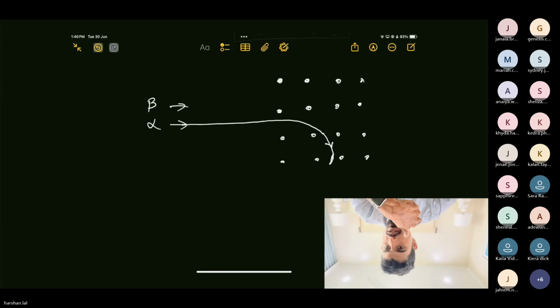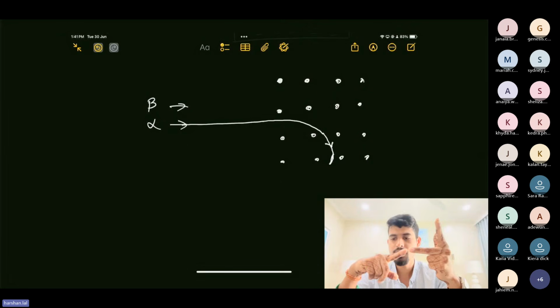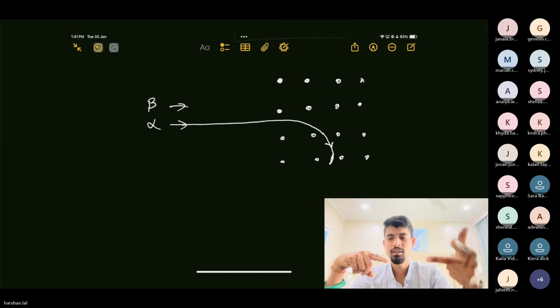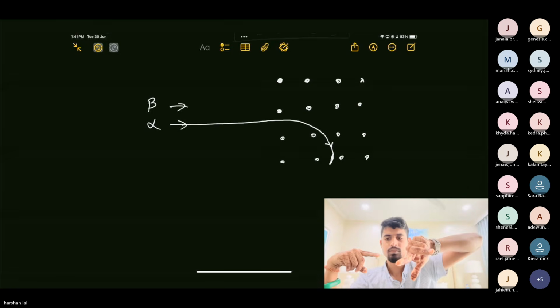Sorry. Right. So the direction of the current would be opposite to the direction of the beta particle. The field would be pointed outwards, so it would be pointing outwards towards me.